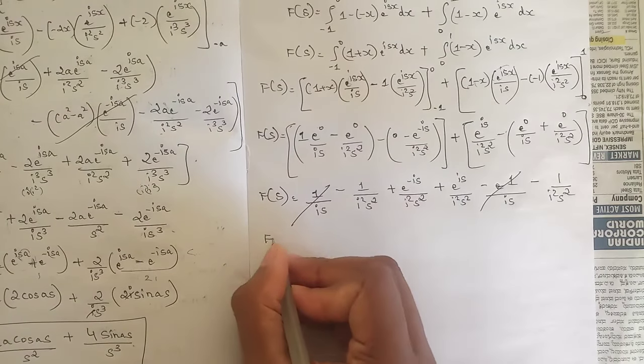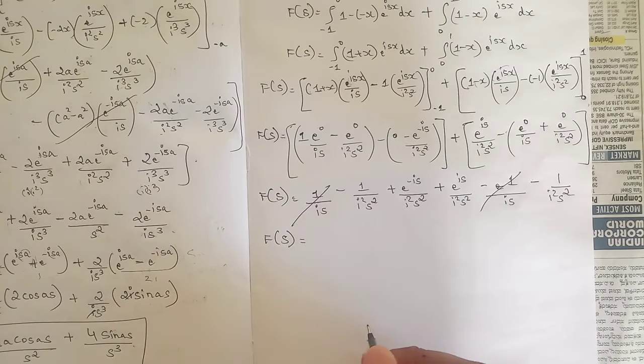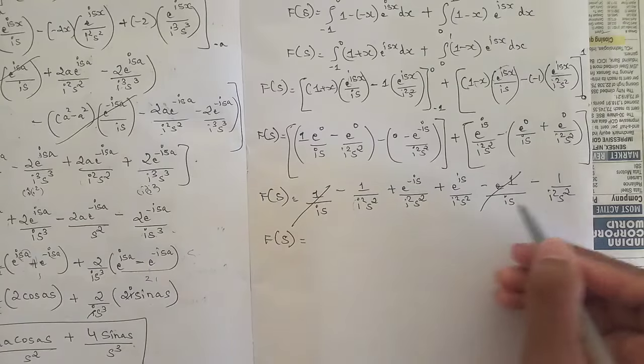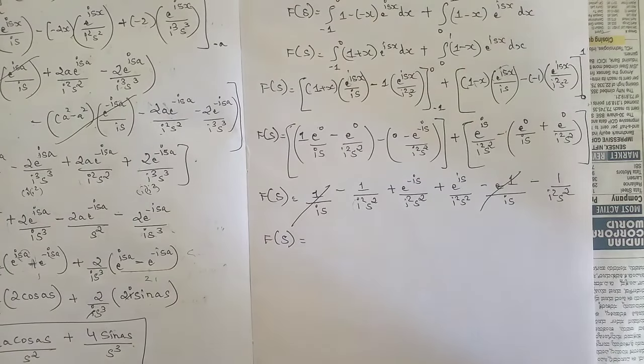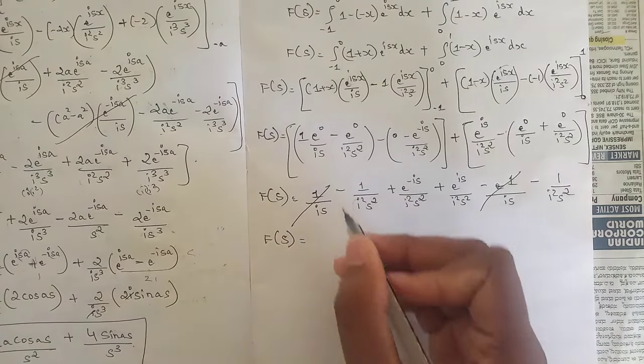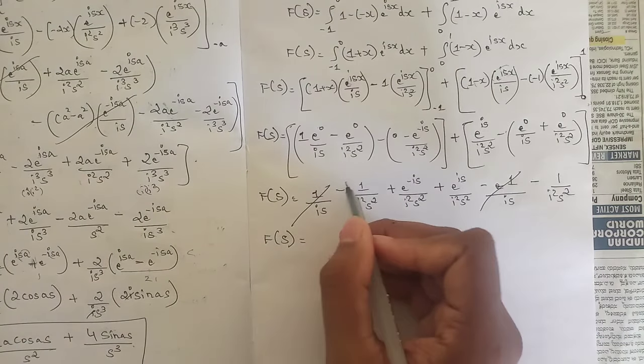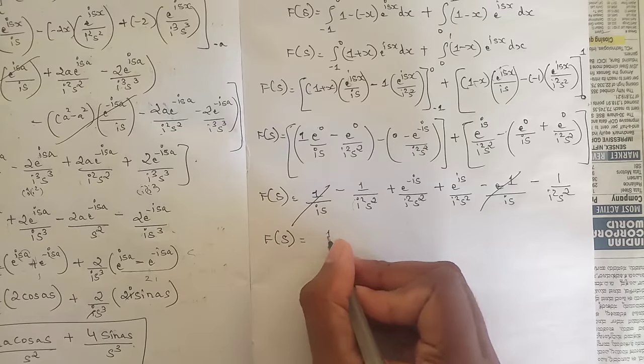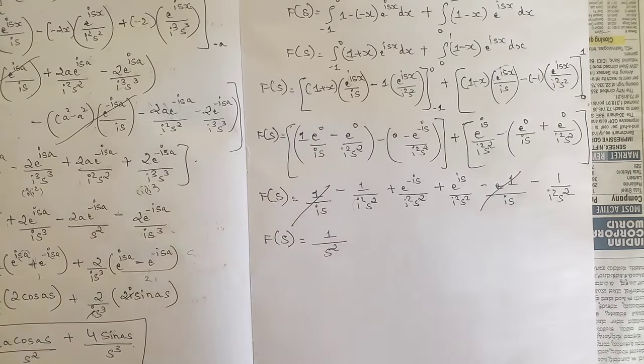Okay, so the required f of s now is equal to, so here wherever there is I square, substitute it as minus 1. Okay, so when we substitute this as minus 1, so the sign changes to positive, so this becomes 1 by s square, right?